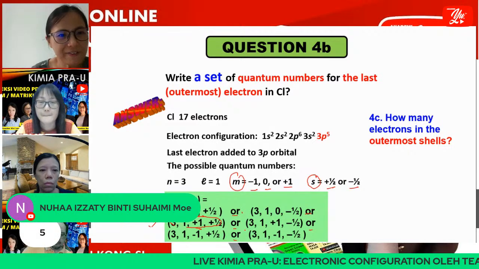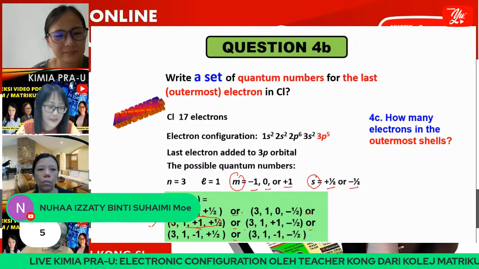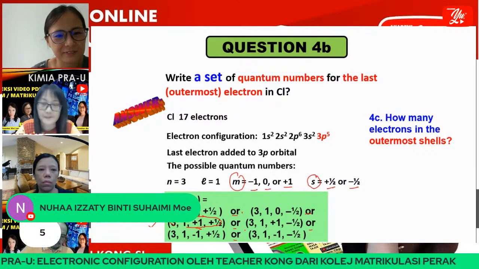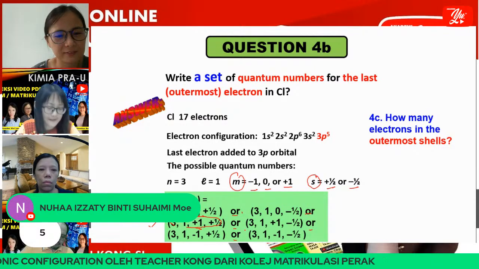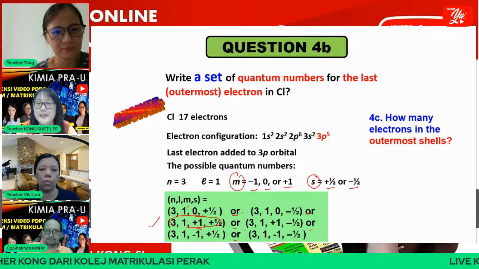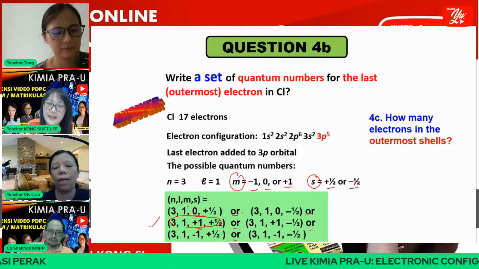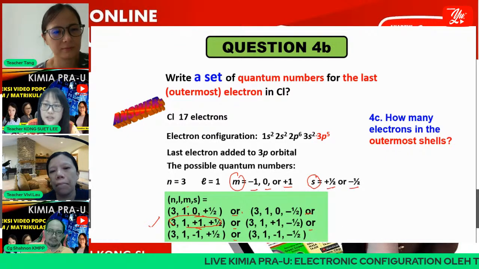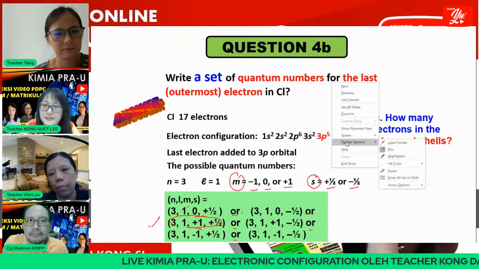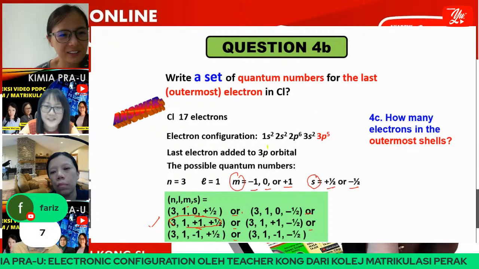Izati answers 5. Okay, madam gives you some time to try. Got other answers? Hafiz, you can try. Faris, you can try. How many electrons in the outermost shell? I highlighted the outermost shell, so you check which one is the outermost shell. Faris answers 7.